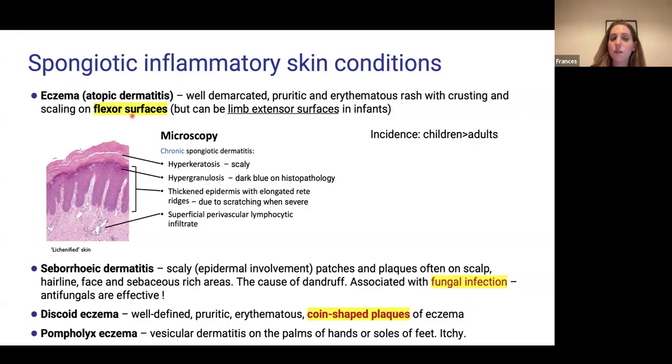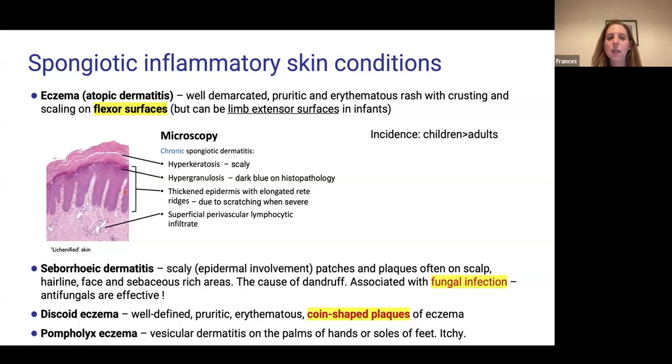And this is mostly found in the flexor surfaces. So in the exam, this is typically going to be happening in the elbow creases or behind the knees, things like this. However, if it's in an infant, what you might find is that it's originally on the extensor surfaces, so on the back of the elbow and on the knee itself. So that's how you differentiate it.